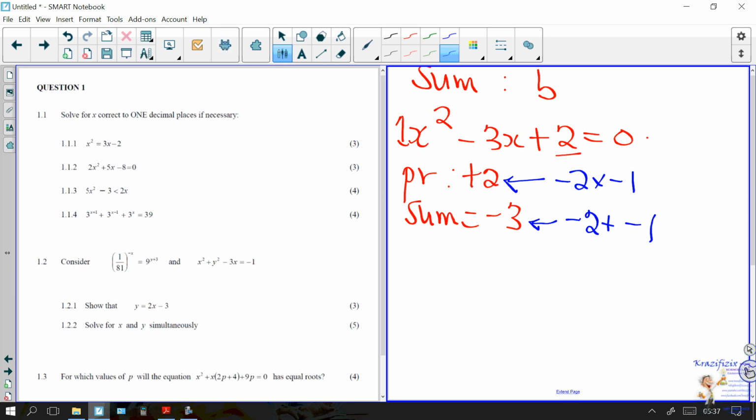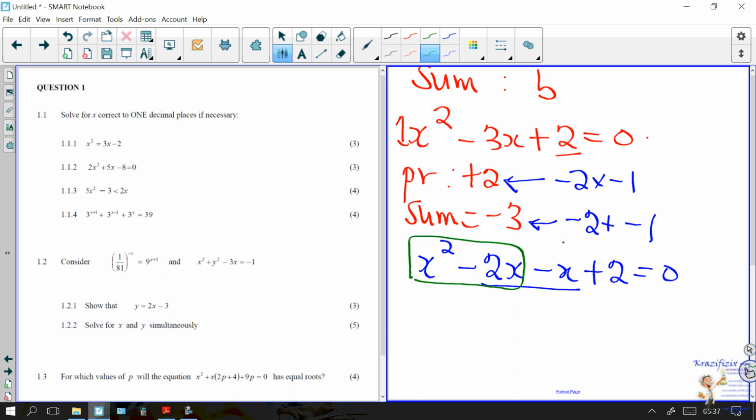So what do I do? X squared. I change my negative 3x into these values: negative 2x minus x plus 2 equals 0. This is still negative 3x. Now I look for what's common. We'll try to pair them. What is common here? X is common.